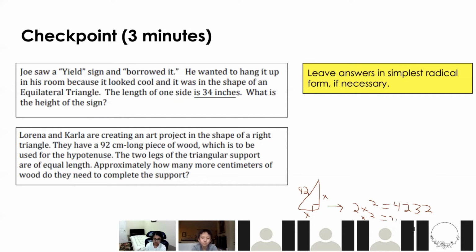Wait, Ein, do you want to move it up a little bit, like right underneath the yellow box? Because it's cutting off a bit. Okay, sorry. Yeah, it's fine.